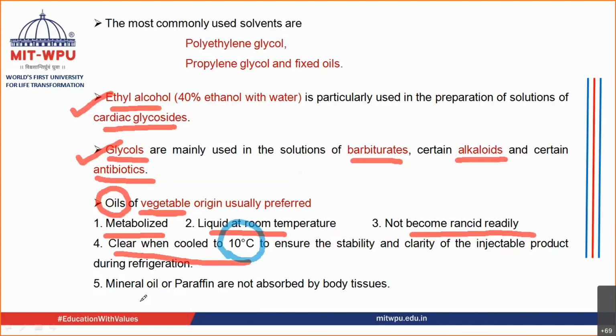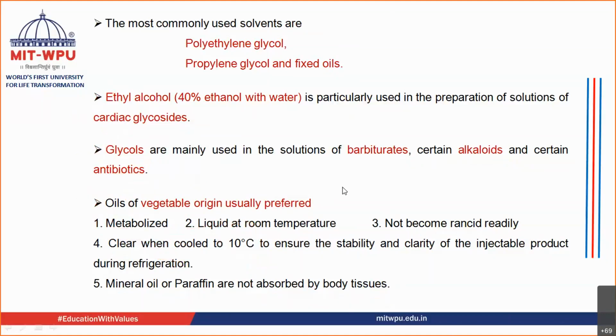Some of the oils, such as mineral oils and paraffins, are not absorbed by the body tissue, and that is another reason why you use vegetable oils. Whenever you are using oil, vegetable oil is usually preferred. So these are some of the examples, that is ethyl alcohol, glycols, and vegetable oils, which are preferred when you are preparing the parenteral products.